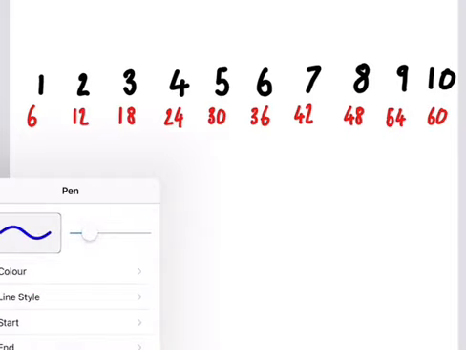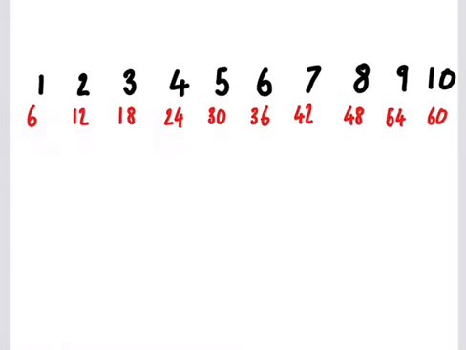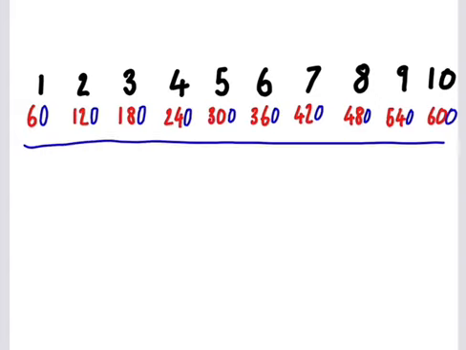We just make all of these 10 times bigger. 60, 12 becomes 120, 18 becomes 180, 24 is 240, 300, 360, 420, 480, 540, 600, and it goes on and on and on. That set of numbers should come in handy in a minute, but I'm getting ahead of myself.